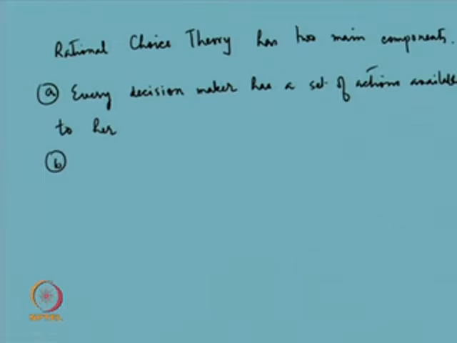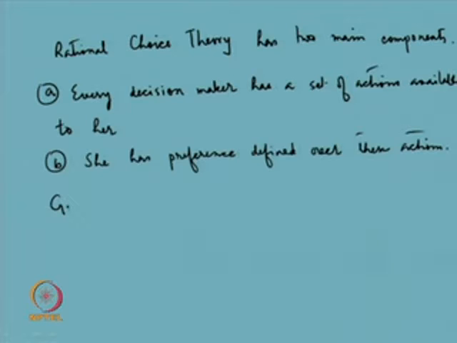B, she, that is this decision maker, has preferences defined over these actions, and given A and B, she takes the action best for her.